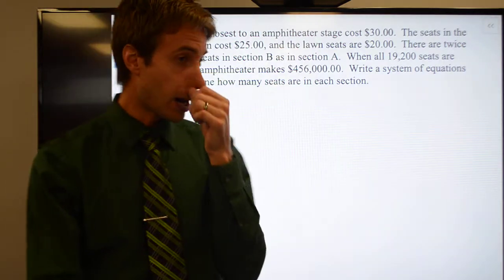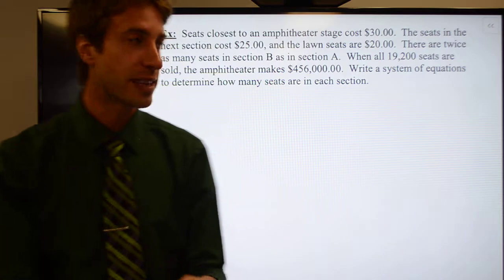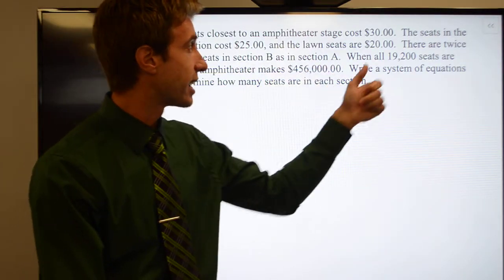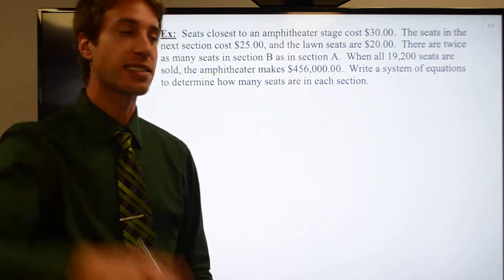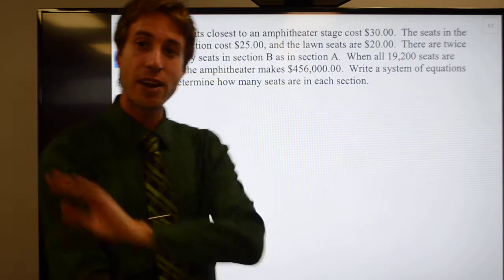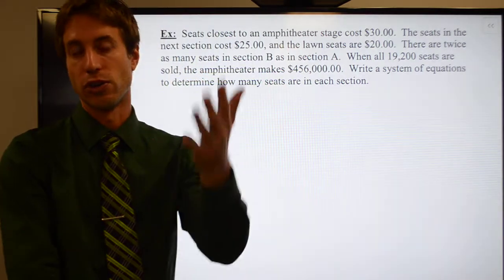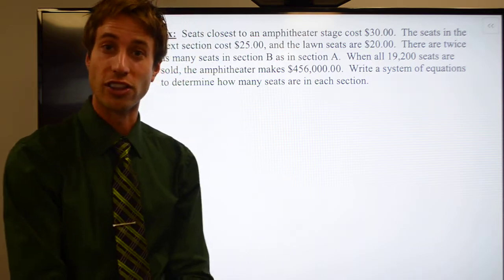What I've given you in this example problem is an amphitheater. The amphitheater has seats right next to the stage that cost $30. The seats in the next section back cost $25. And then there are lawn seats, or the nosebleed section, $20 for a seat out there on the lawn.